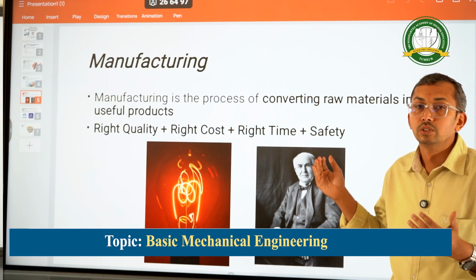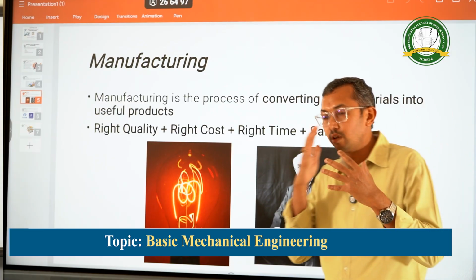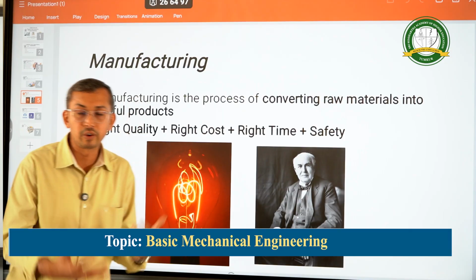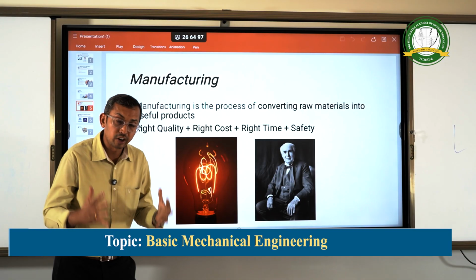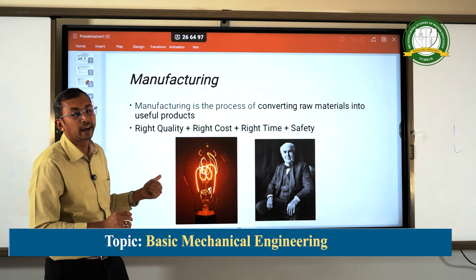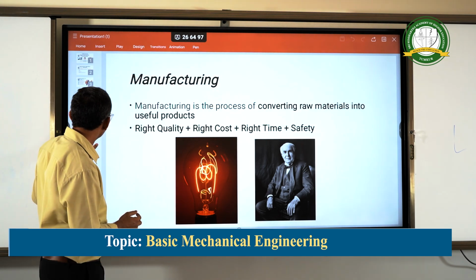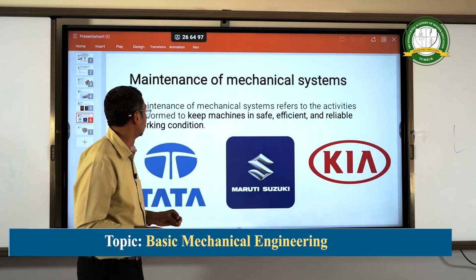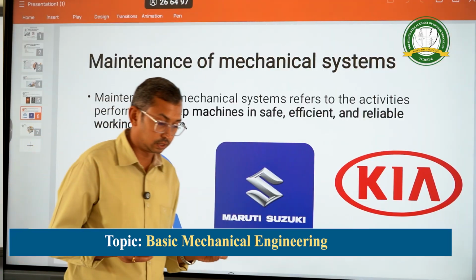So that's why nowadays all companies think of mass production. The different varieties and processes of manufacturing all come under mechanical engineering. So the last one is the maintenance of mechanical systems.